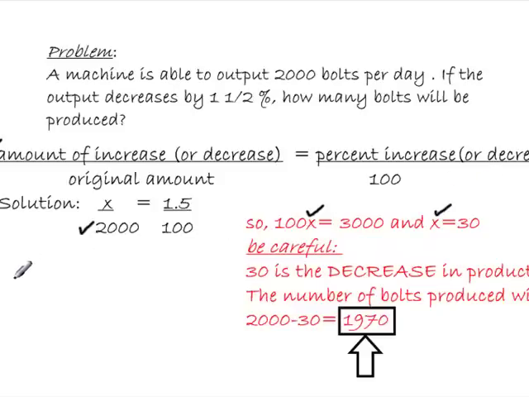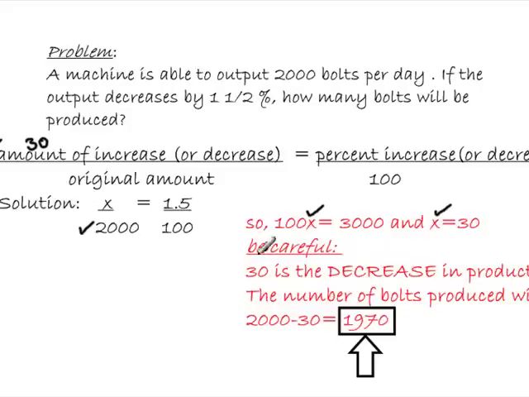And so if you answer, there will be 30 volts which will be produced if we decrease by 1.5%, that's absolutely wrong. What we've done really is we found out the amount of the decrease. We found out that 30 volts, right? That's the number of volts that are decreased in the production.